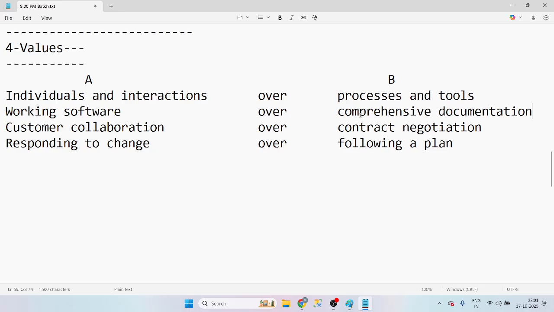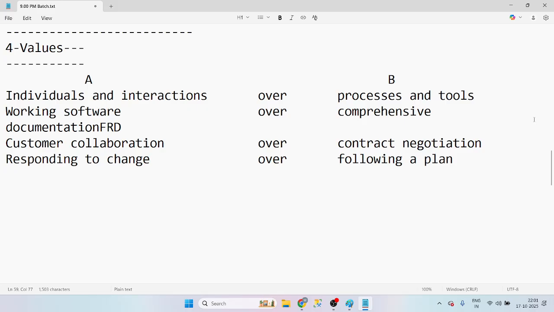Am I right or wrong, Karthik? Abhishek? Yes. So here also it is the same thing. We don't need hundreds of papers of documentation, like 500 or 400. Those many papers we don't require. What we require here is just the FRD, the functional requirement documentation.